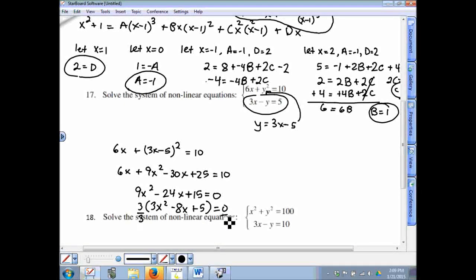Divide by the 3, kind of just gets rid of it. So 3x squared minus 8x plus 5. So we need to factor that. 3 times 5 is 15. We need two numbers that now add to -8. That's going to be -3, -5.